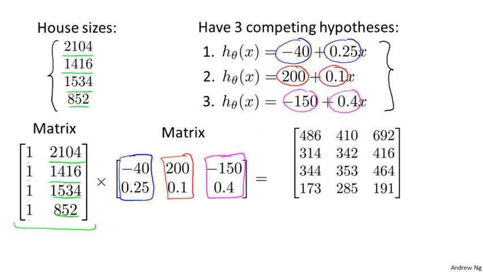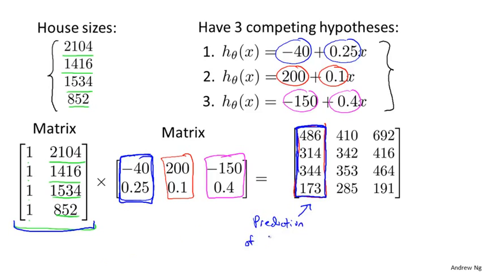And it turns out that if you multiply these two matrices, what you find is that this first column, let me draw that in blue. Well, how do you get this first column? Our procedure for matrix-matrix multiplication is, the way you get this first column is you take this matrix and you multiply it by this first column. And we saw in the previous video that this is exactly the predicted housing prices of the first hypothesis here.